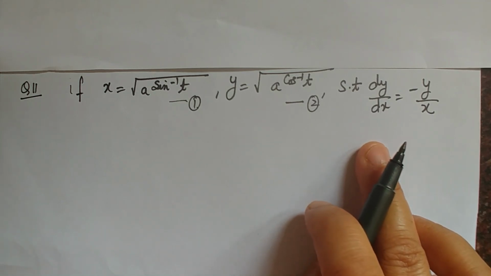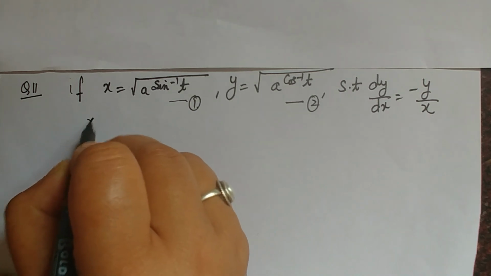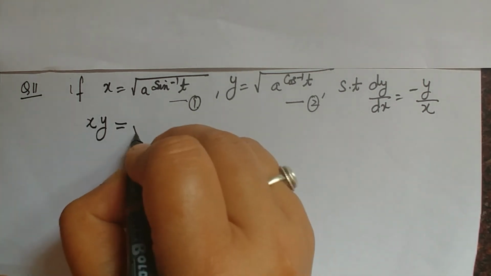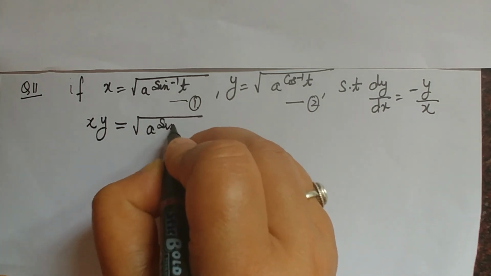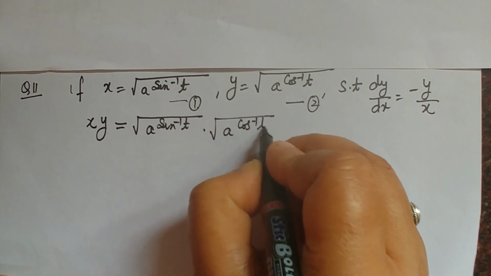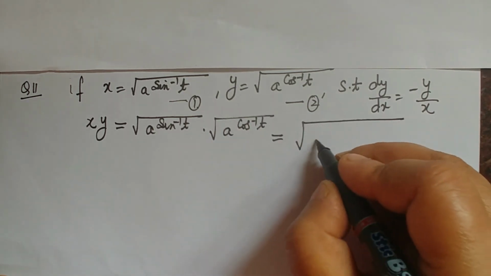The very first thing I will do is multiply equations number 1 and 2. So the left hand side will be xy and the right hand side will be a raised to power sin inverse t into a raised to power cos inverse t. Can they be arranged in the same root? Yes.